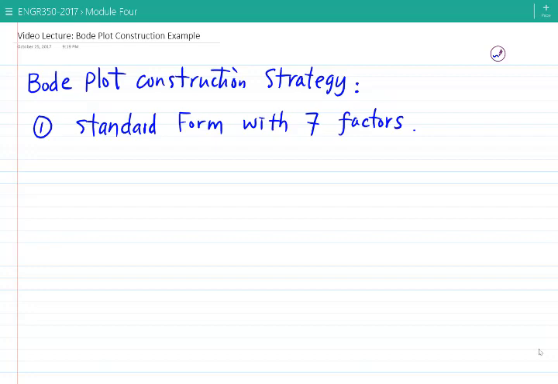They are like Lego pieces. If you know how to construct the Bode plot of the 7 basic transfer functions, we can reuse these 7 factors to build up very complicated transfer function. So first, we need to massage the complicated transfer function into these 7 factors. I will show you an example for that.